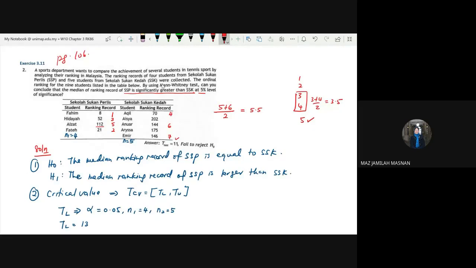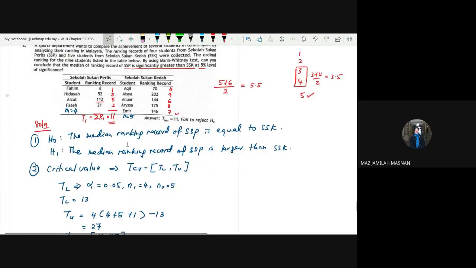Number 6, number 7, number 8, number 9. Since we are looking at rank, smallest sample only, so it would be 4, 9, 11. So this is our sum of rank 1. That will be your T1. So remember class, that would be your T1.